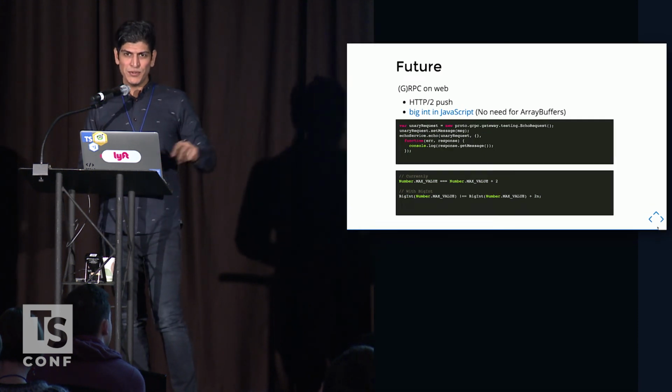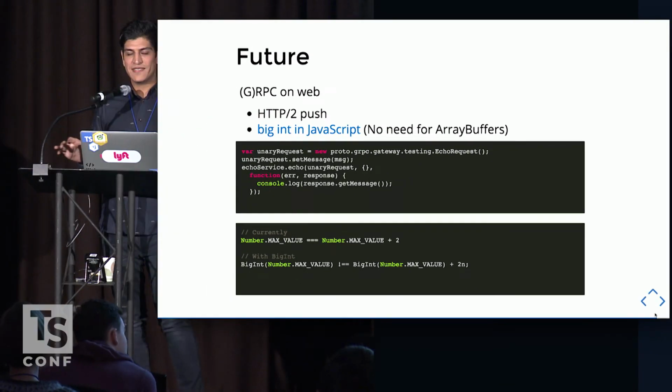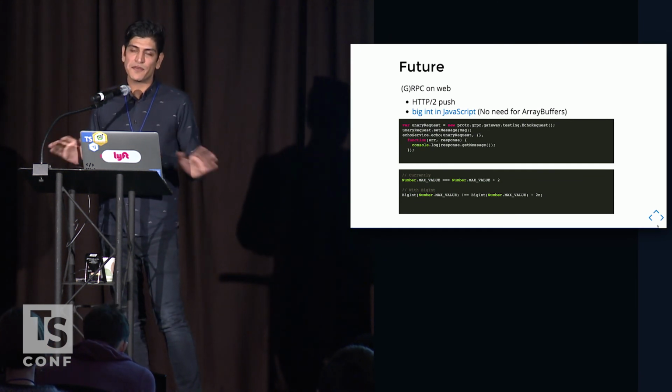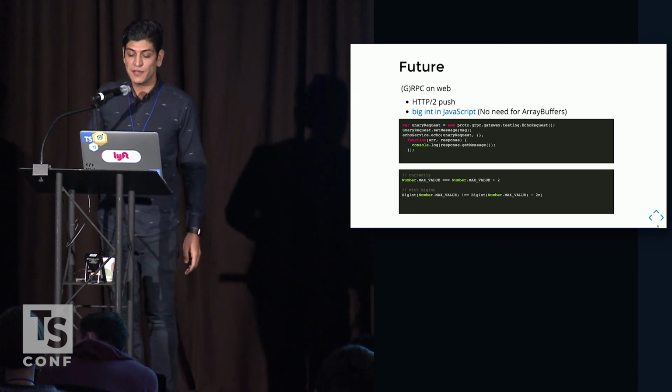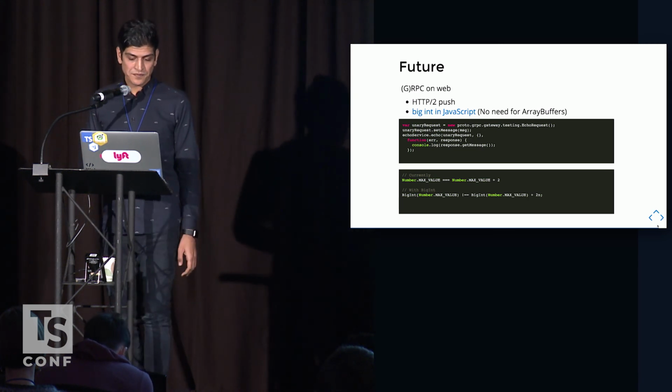You see this 2n on this corner? That is a number in JavaScript that has flexible width, meaning it can be as big as almost you want. It's not infinite, but it's big enough for satisfying almost all use cases. At least it satisfies protobuf int numbers.